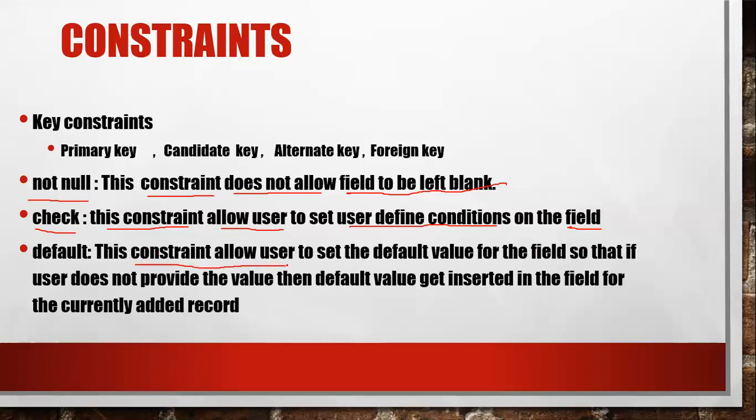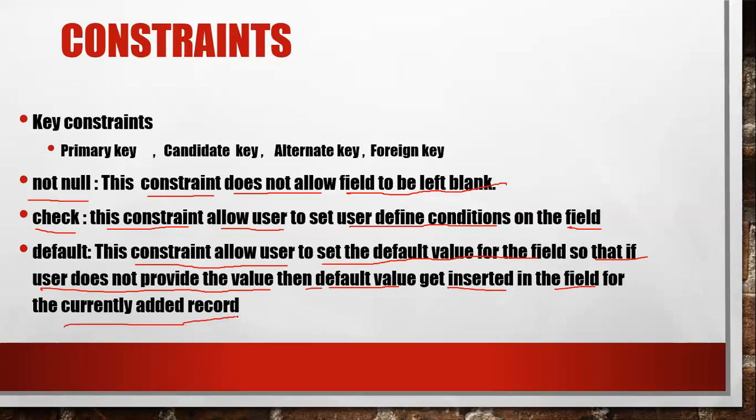So this constraint allows the user to set the default value for the field, so that if the user does not provide a value, the default value gets inserted in the field for the currently added record.